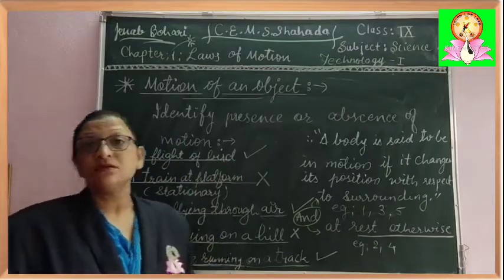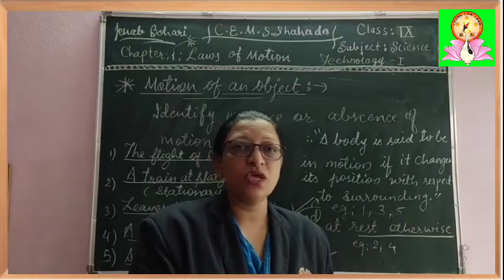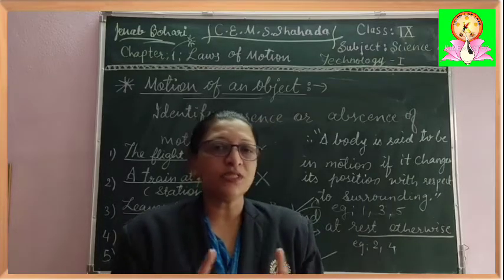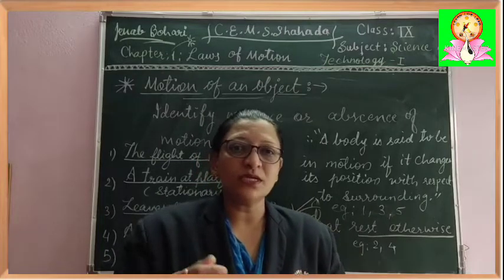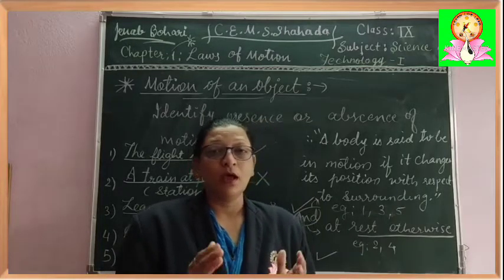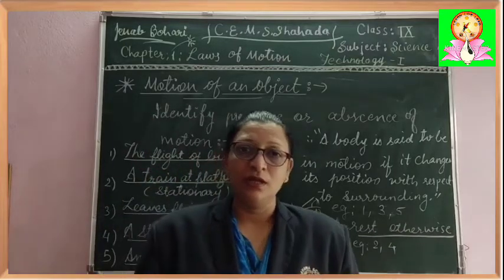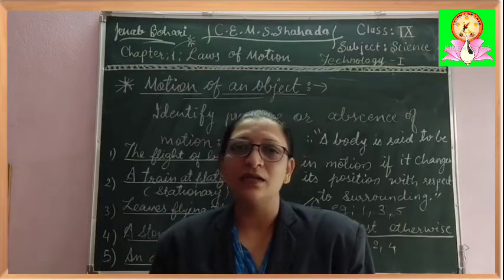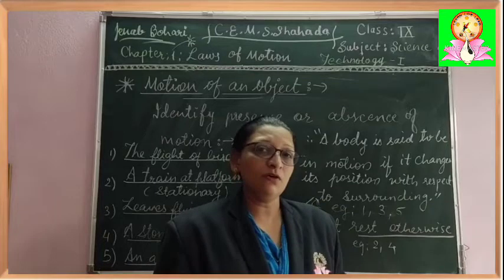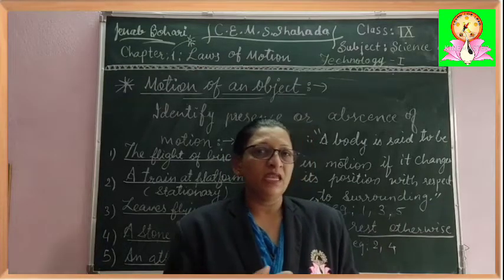The examples tell us that when any object is changing its position with respect to its surrounding, we say the object is in motion. And if the position of the object with respect to its surrounding is not changed, then we say the object is at rest. Now dear friends, to study motion, let us observe this animation.